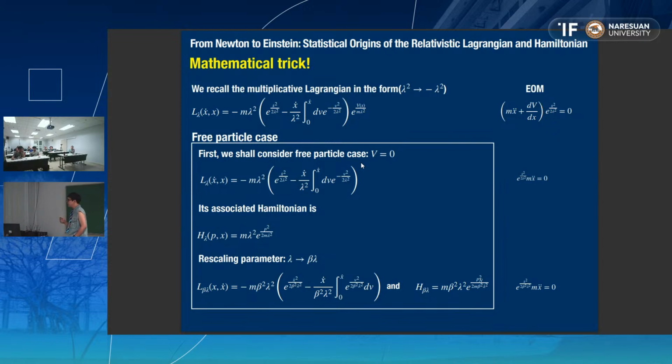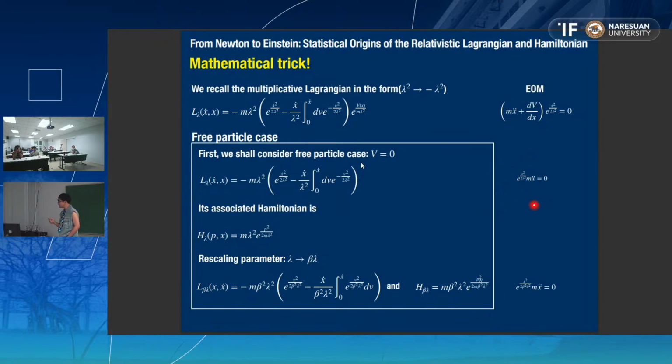We start by considering the free particle case. For the free particle, you get this kind of Lagrangian, which gives you this equation of motion. Together with the factor, we are not going to throw this factor away.